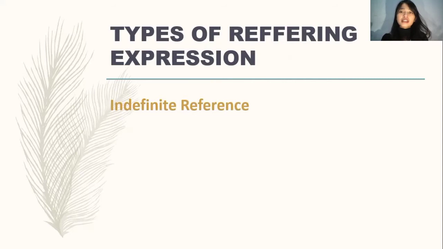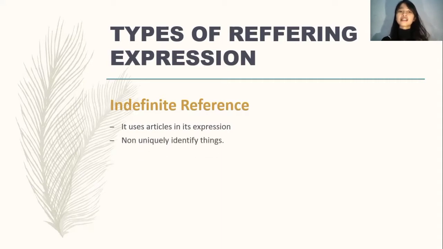The first one is indefinite reference. What is indefinite reference? Indefinite reference is reference that uses articles in its expression. The articles, as we know, are a, an, and the.